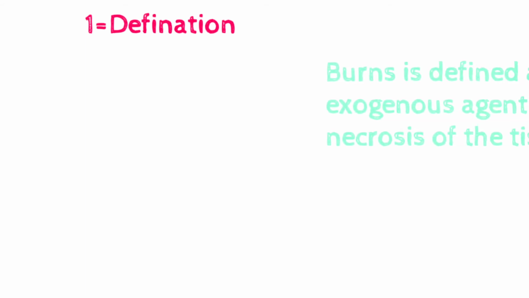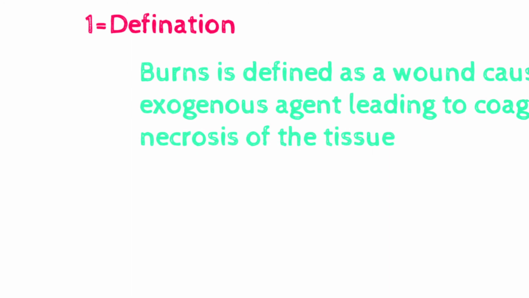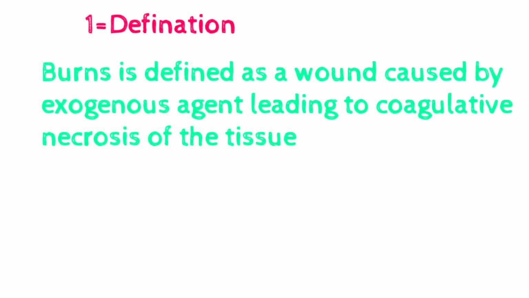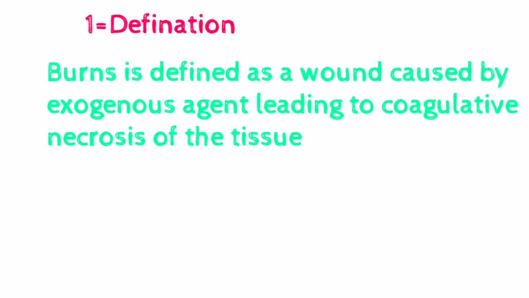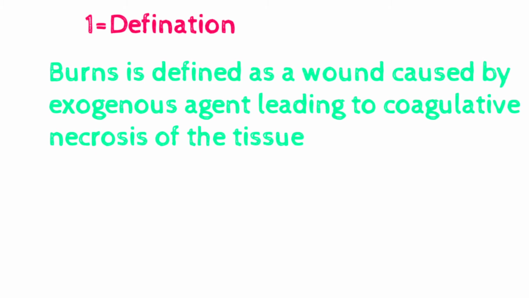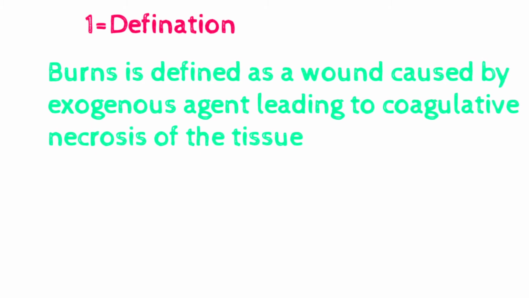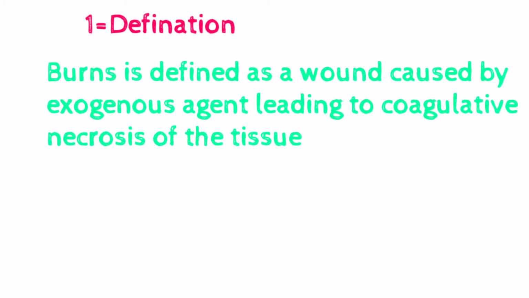Now first we start from definition. There are 2 methods to define the burn. The first method: burn is defined as a wound caused by an exogenous agent leading to coagulative necrosis of the tissue. Now there are 3 things in this definition. Number 1, burn is a wound. Number 2, caused by an exogenous agent, meaning an outside agent.